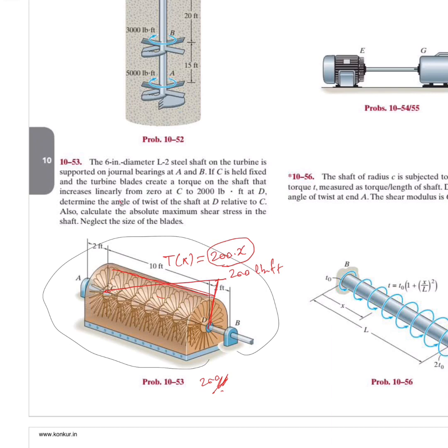It says the turbine blade creates a torque on the shaft that increases linearly. Yeah, this is correct. This is linear, starting from 0 to 200.